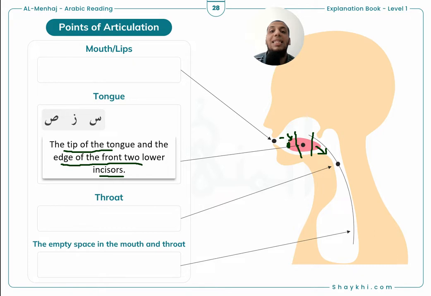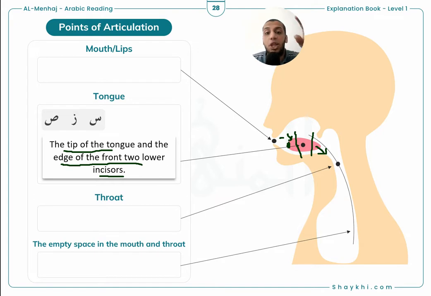S, and then the sound will be produced and comes in between. S, as letter Sin, as letter Zay, and then letter Sad.